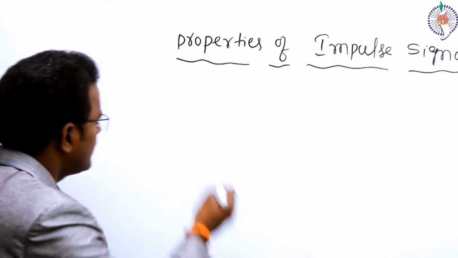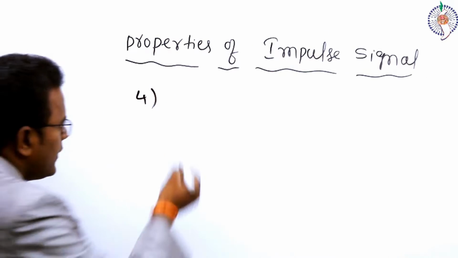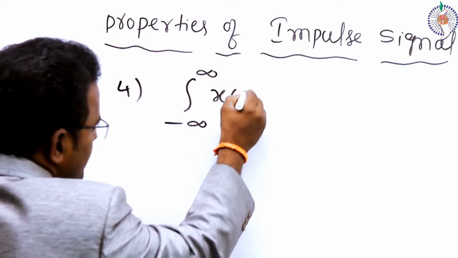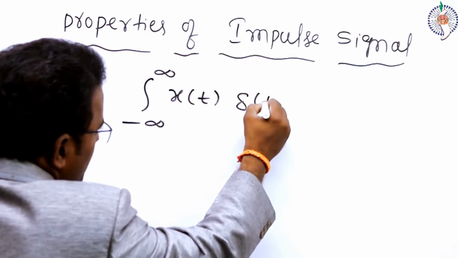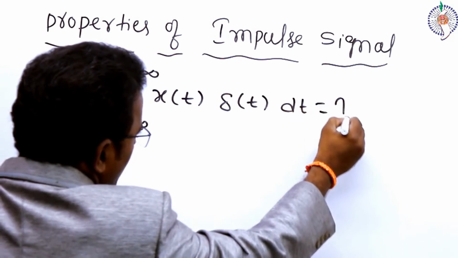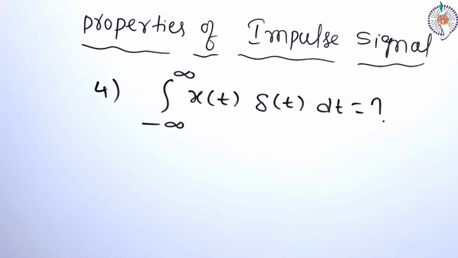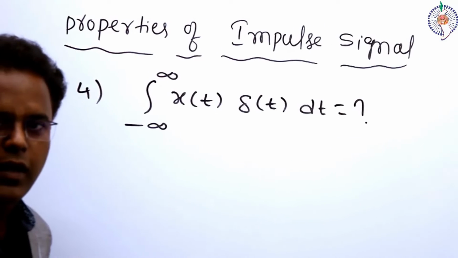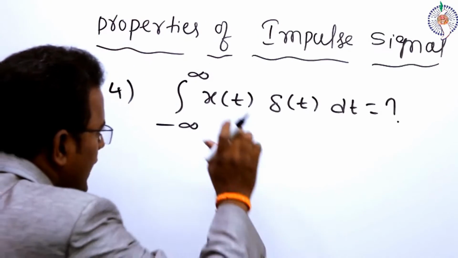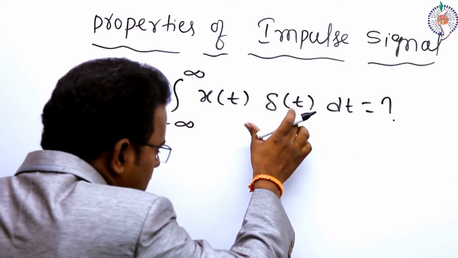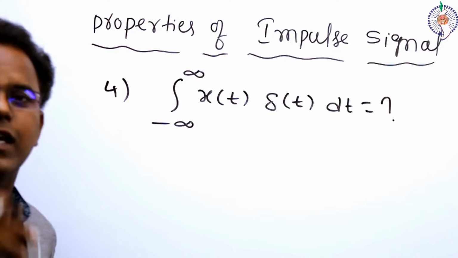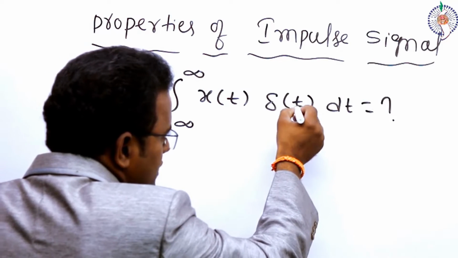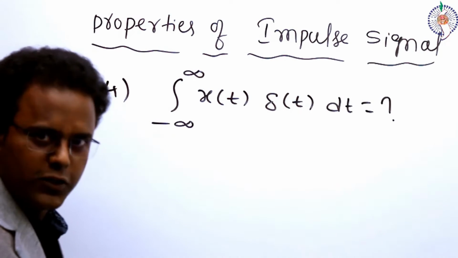Next one is the fourth one. Integral from minus infinity to plus infinity of x of t into delta of t dt, value how much? That is, we just now saw in property number 1, any signal multiplying with impulse, replace where the impulse exists. Impulse exists where argument equal to 0, that is t equal to 0, replace in the second function.